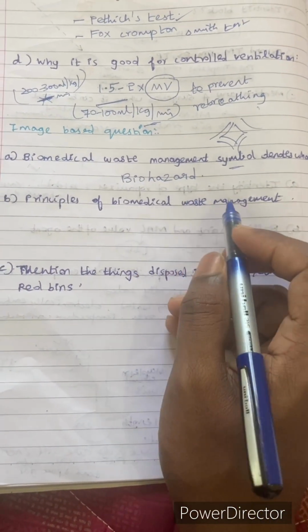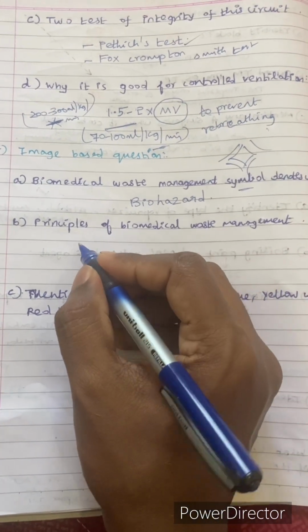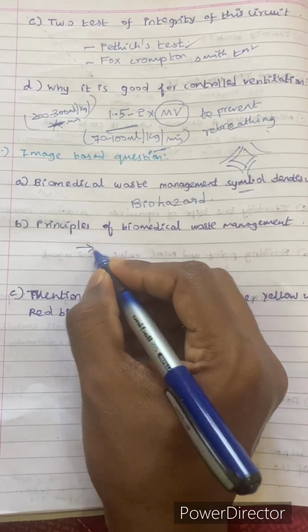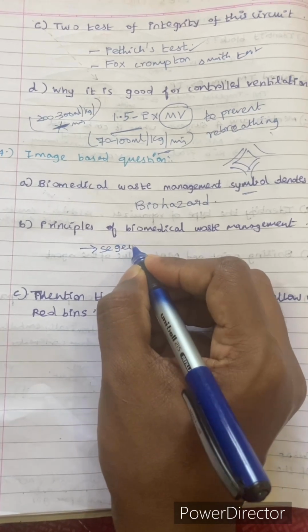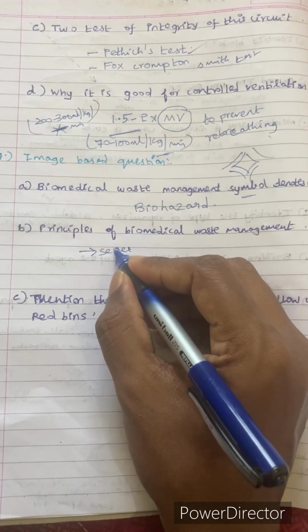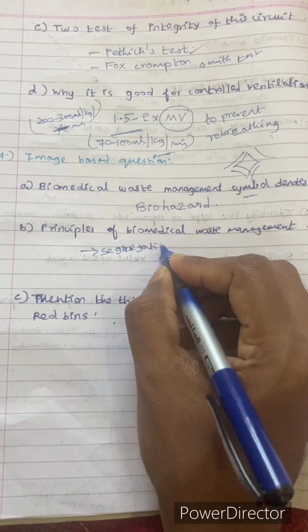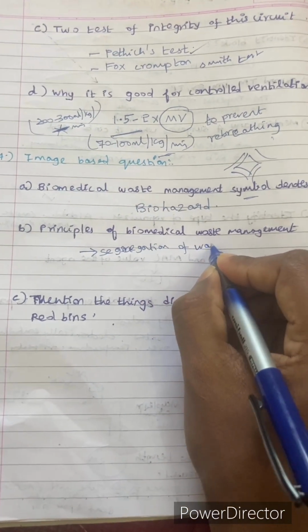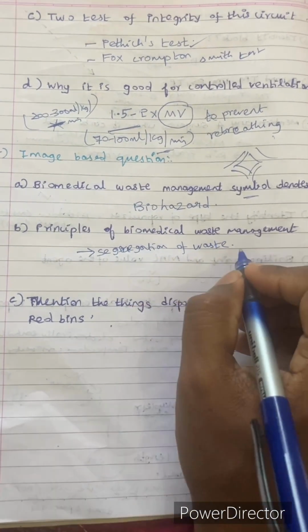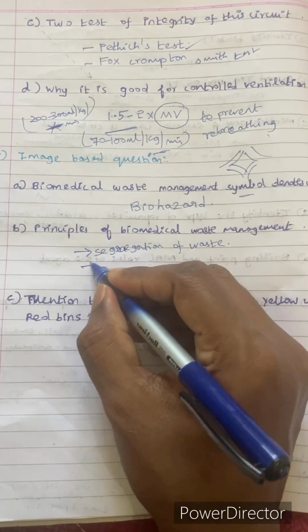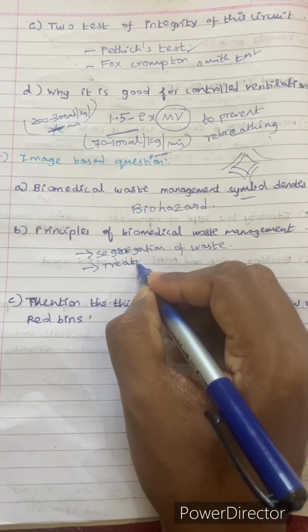Coming to the next is the principles of biomedical waste management. The three main principles are, first, whenever you have a medical waste, we have to segregate the waste, whether it is a solid waste or liquid waste, or cytotoxic waste. Next, after segregation, we have to treat the waste. How will you treat it?